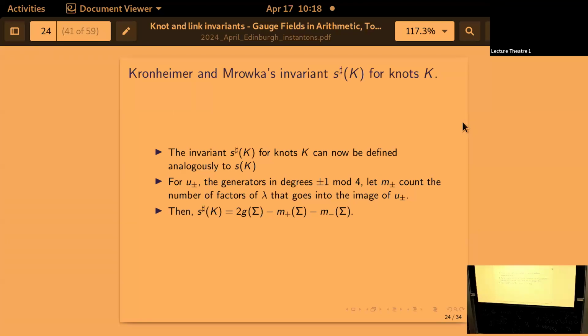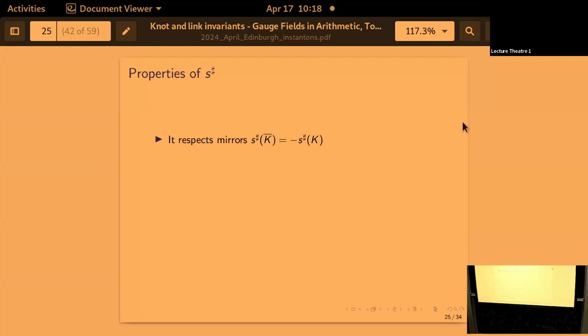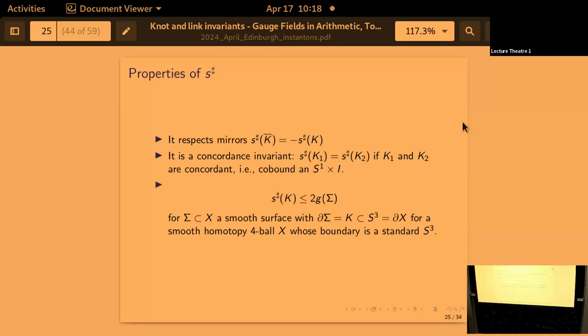So that's S sharp. And there are a few properties of S sharp. It respects mirrors. This is not actually very hard to show, and it's a concordance invariant. These are all things that you can just show topologically. And also it gives a lower bound for the genus of a surface.